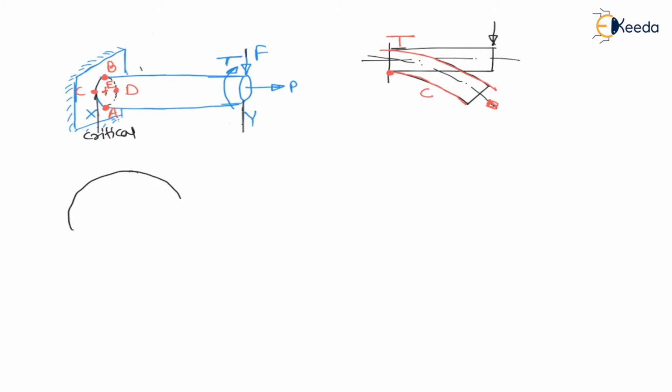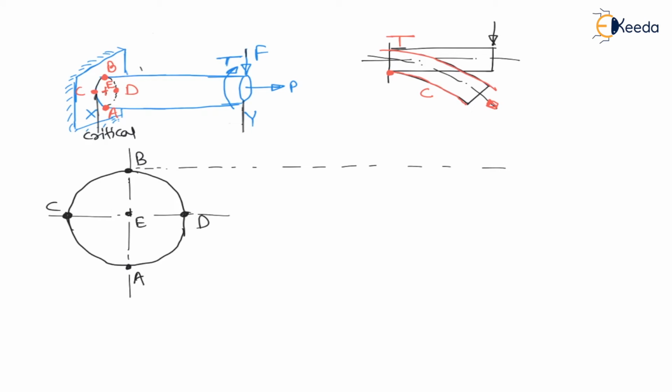Upper element is B, lower element is A, left side is C, right side is D, and exactly center is E. Now our target is to draw the stress distribution and find the critical element or critical loaded point.